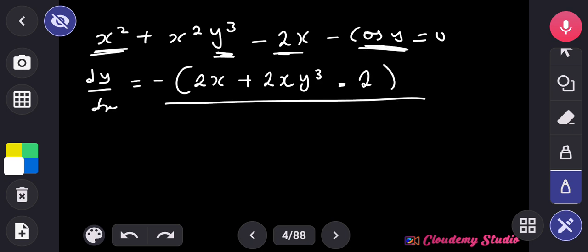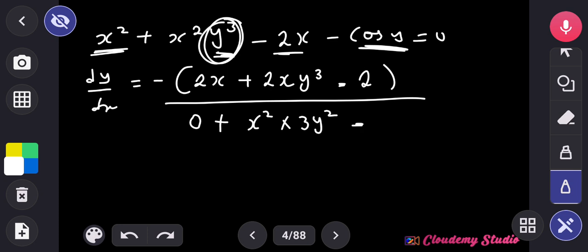This one is going to be equals to 0 plus this one is now going to be equals to what? I'm only differentiating with respect to this. So it's going to be x squared multiplied by 3y squared. You understand? Because I'm differentiating only with respect to this. Minus, this one becomes 0. And this one becomes minus sine y, because the derivative of cos equals to minus sine.